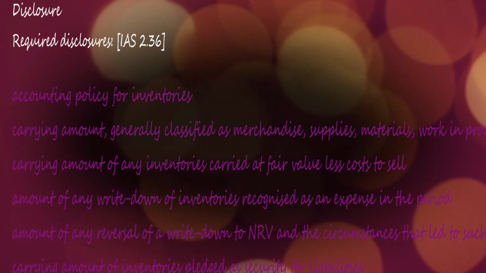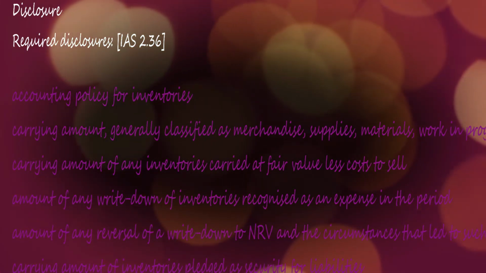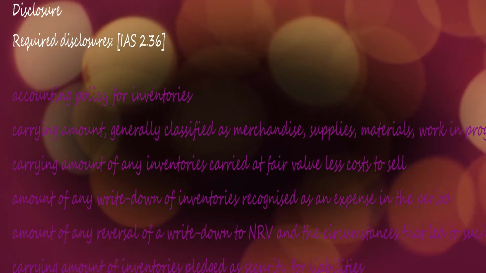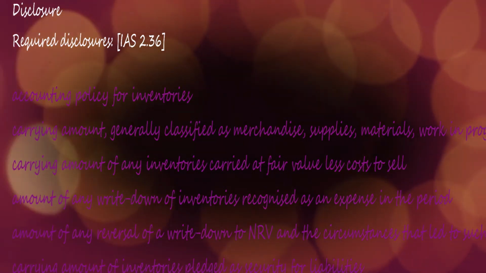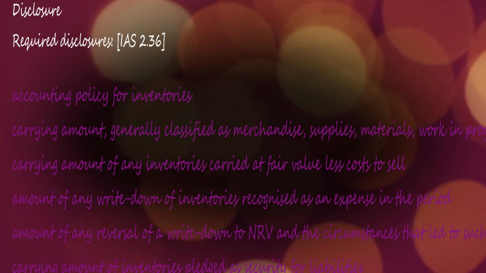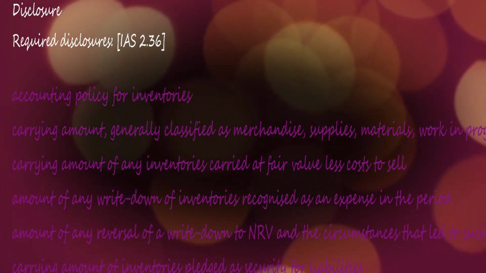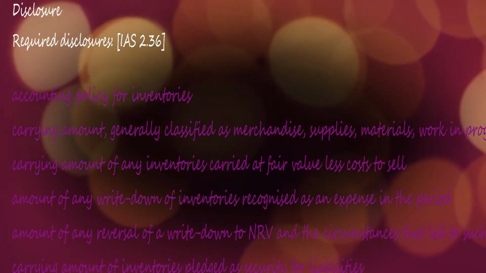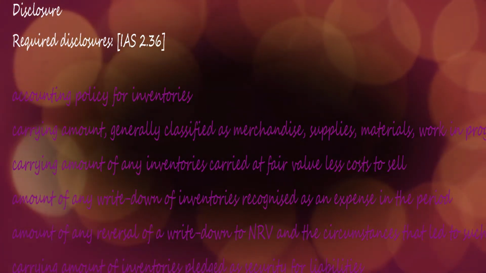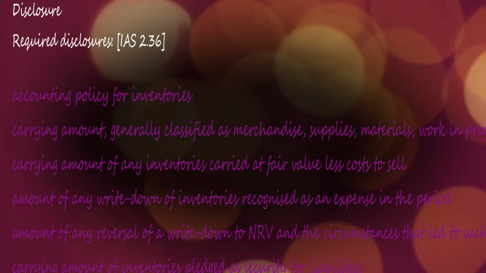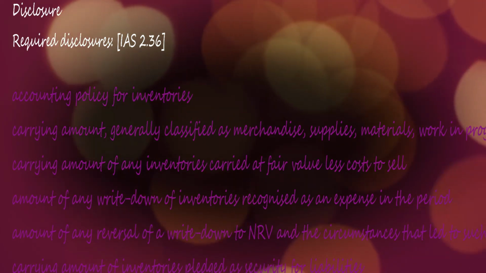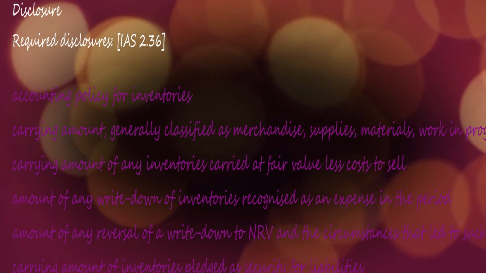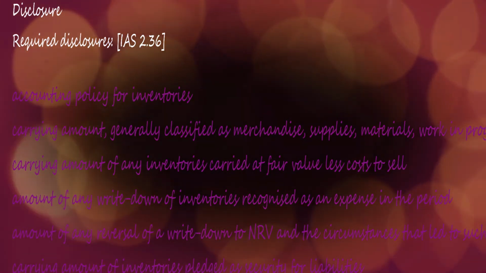Also the carrying amount of any inventories carried at fair value less cost to sell, the amount of any write-down of inventories recognized as an expense in the period, the carrying amount of inventory pledged as security for liabilities, and the cost of inventory recognized as an expense, which is cost of goods sold. So these are normally the disclosures that you come across in IAS 2 Inventories.